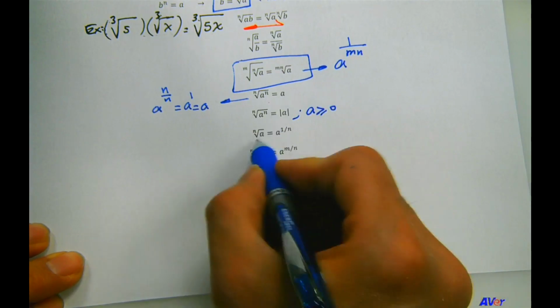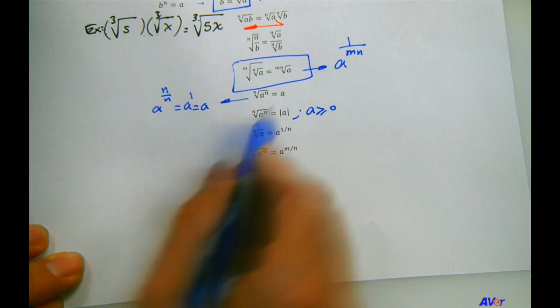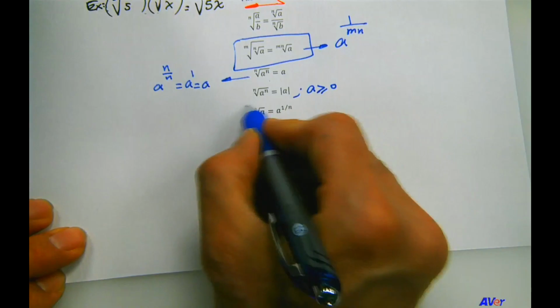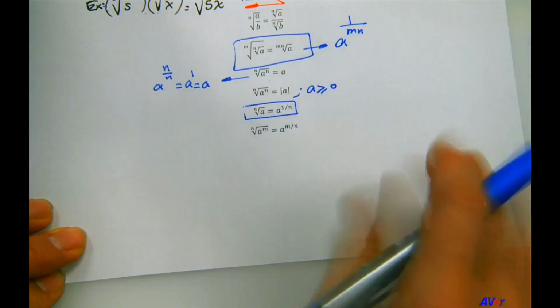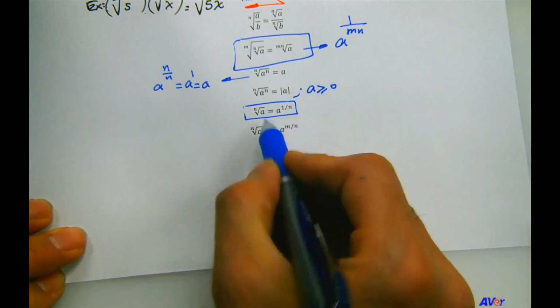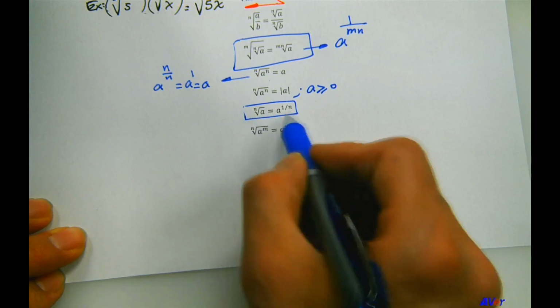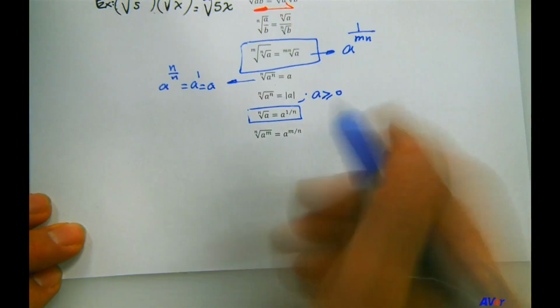Then, nth root of a, this is the same thing I was saying earlier, that this small property is so important. All of them are important, but some of them more than the other ones. So this is just saying you can rewrite any radical expression in terms of a rational exponent, or vice versa.